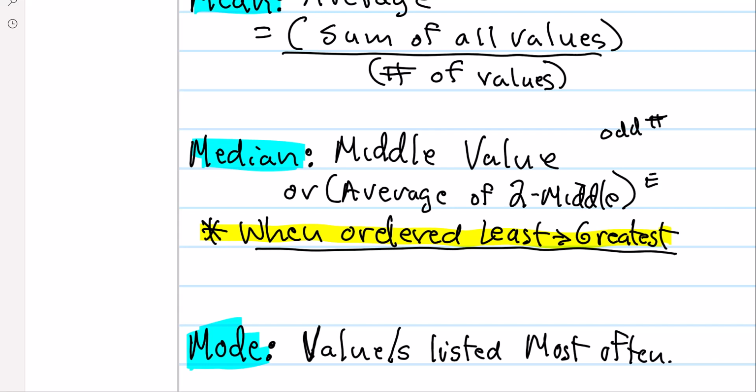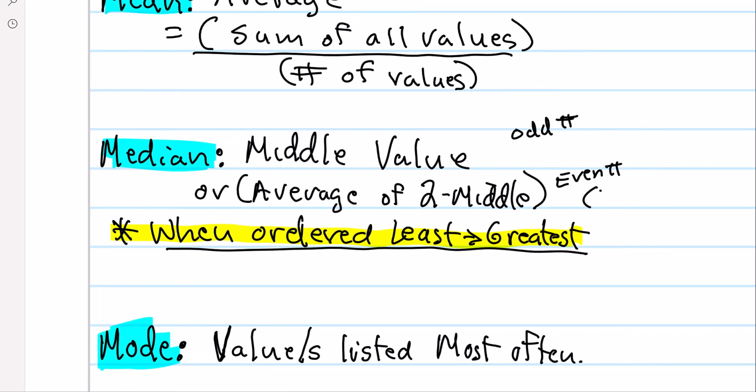So when there's an even number, you add the 2 middle values, middle plus middle, and find the average. Divide it by 2, and that will give you the median.